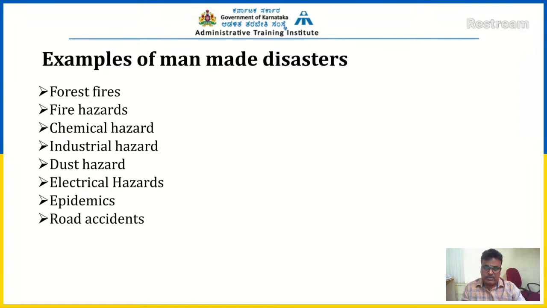Epidemics are also important, I just showed a picture of the COVID-19 kind of situation. Road accidents, rail accidents, air accidents, all of them are man-made disasters. You can quote many more examples. I just quoted a few important examples. You can also list many more examples in your exam. Taking tips from here, you can write many more examples in case it is asked. So let us go to the next one.